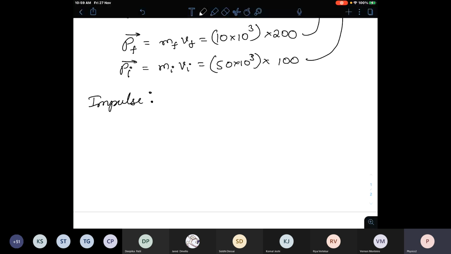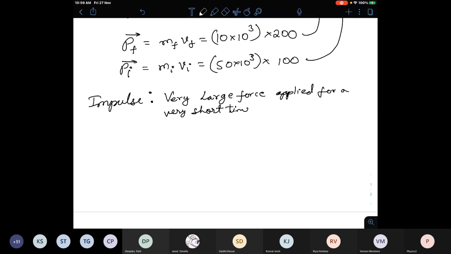Impulse is a very large force applied for a very short time. Not a very large force, but a large force, you can see it like that also, applied for a very short time.